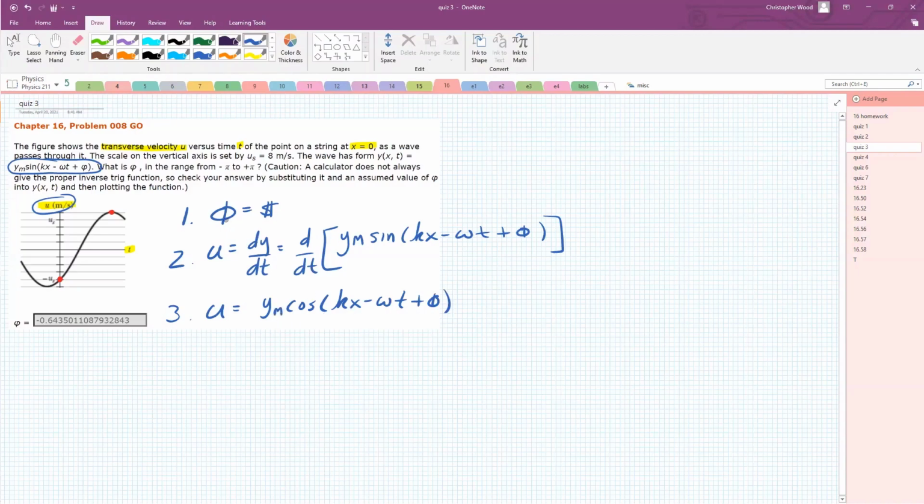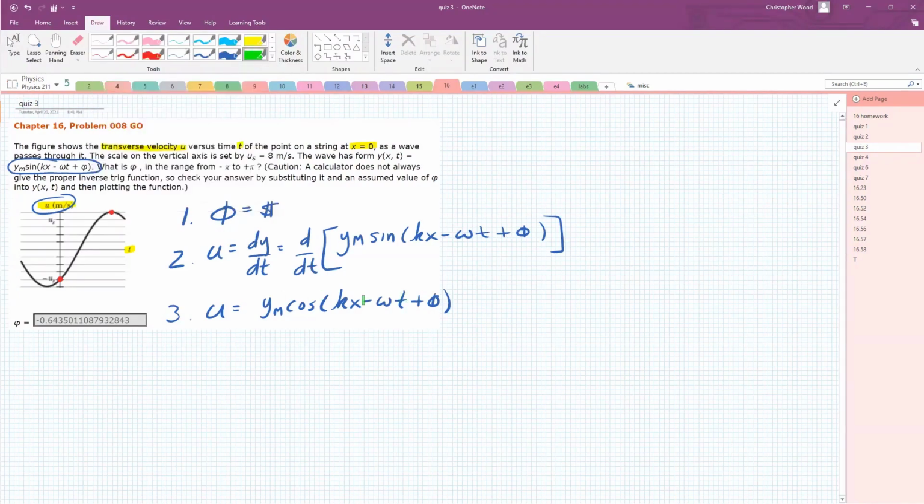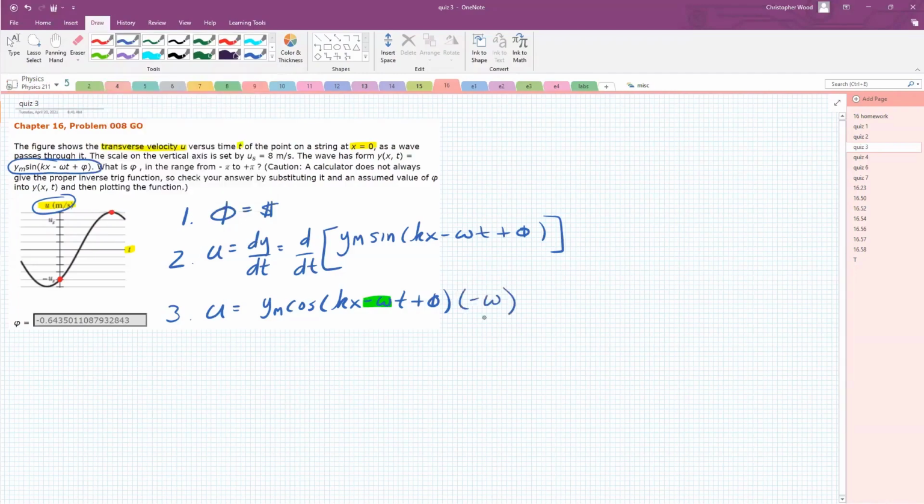And the power rule says, what is the coefficient of my time variable? It's right here. It's minus omega t. So let's take that as well. Minus omega. All right, so here's my general expression for transverse wave velocity, which is a function of x and t.